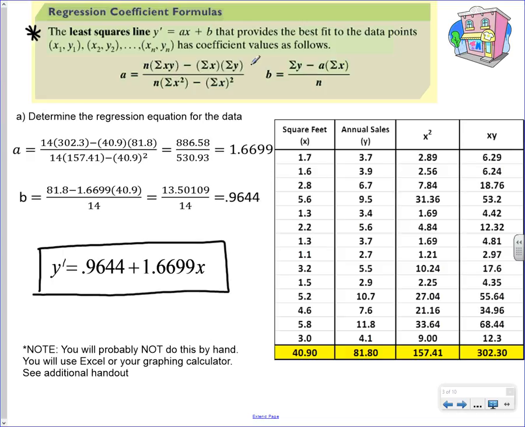The reason why I'm showing you this is because if you look in your book or if you do the help me solve this on some of these problems, they may bring up these formulas, okay? And so I want you to know that yes, these are the formulas to get these by hand, but no, I don't really expect you to do that, okay? What we're going to do is we're going to do these either in Excel or using our calculator. Okay, so those are the two ways that I'm expecting you to be able to calculate this.